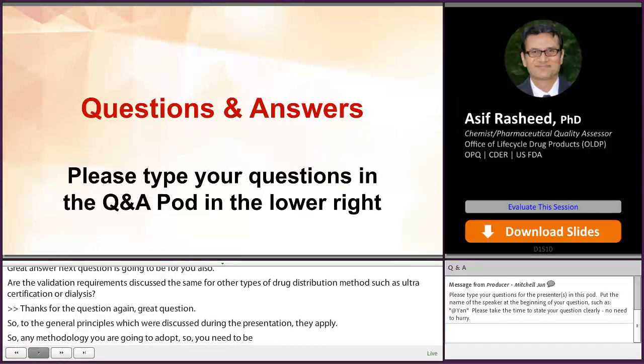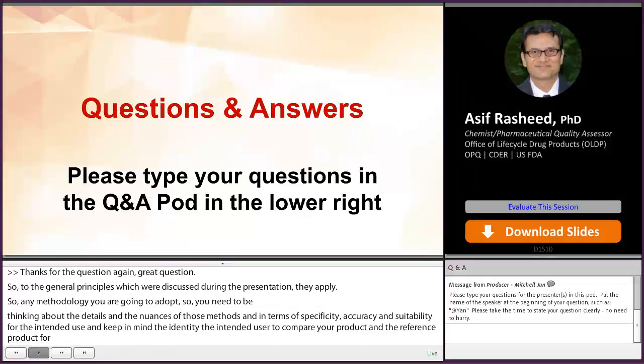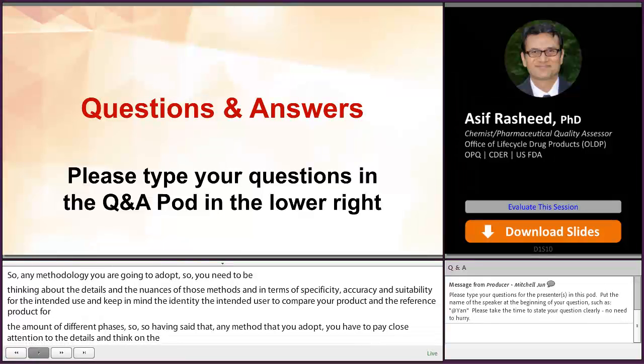The intended use is to compare your test product and the reference product for the amount of drug in different phases. Having said that, for any method you adopt, you have to pay close attention to the details and think about the considerations for validation. It's your diligence as part of method development. So I hope that answers your question. Thank you.